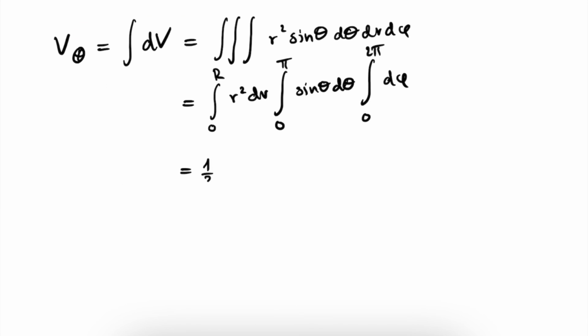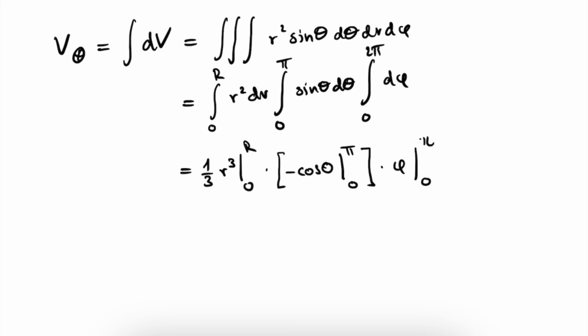We have 1 over 3 times r to the power of 3 filled in its boundaries. We multiply this with minus the cosine of theta filled in the boundaries 0 and pi. And we multiply this with phi filled in the boundaries 0 and 2 pi. And this becomes 1 over 3 times capital R to the power of 3.